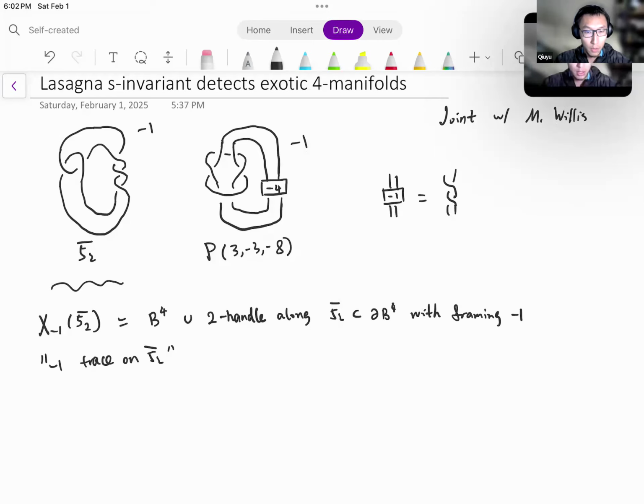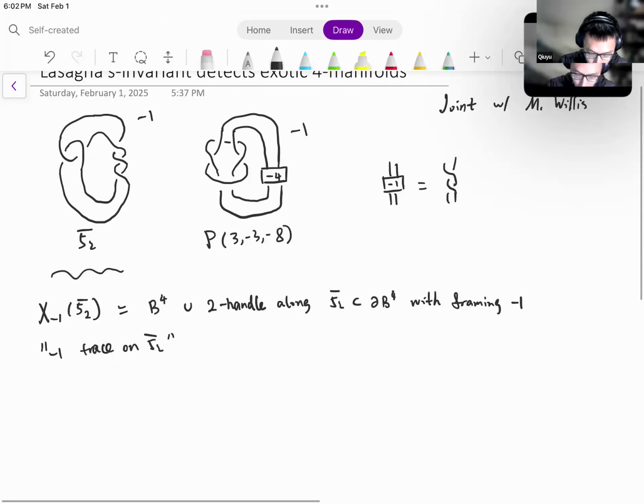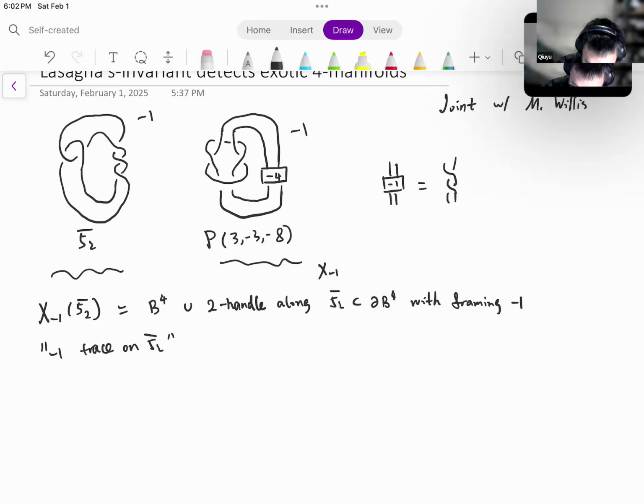This gives us a compact, orientable, simply connected four-manifold, called the -1 trace on my knot. Similarly, for the second picture, I get the -1 trace on P(3, -3, -8).